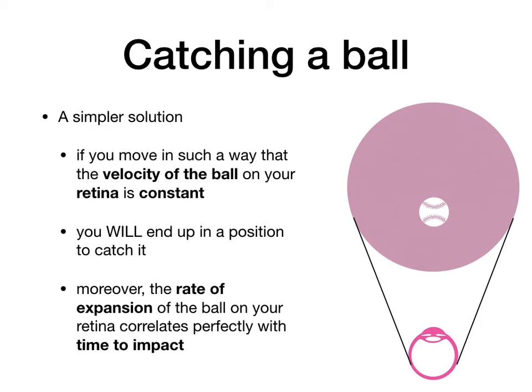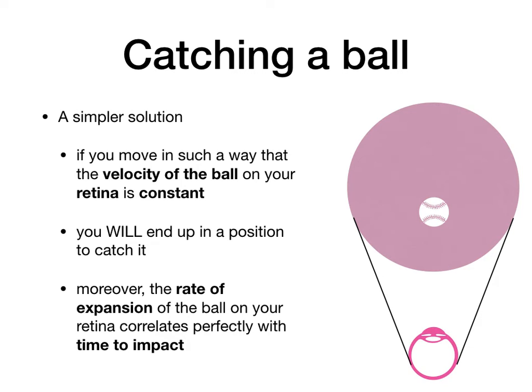I think this presentation software did a little bit of smoothing there, but that pattern is something you might not know that you use, but it is a guaranteed solution to the task. So as you're running, you can just maneuver yourself in such a way. You can adjust your current speed and orientation and bearing and everything to try to capture this pattern, this slow, constant up and down motion of the ball in your vision.